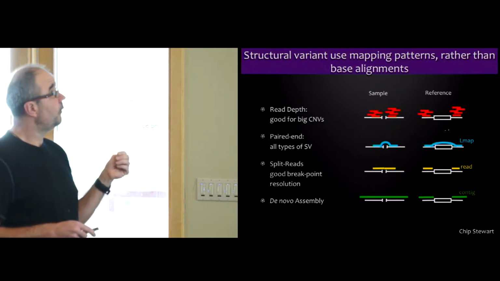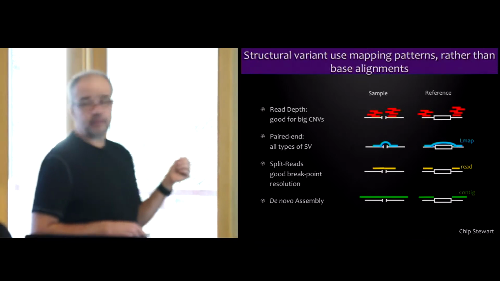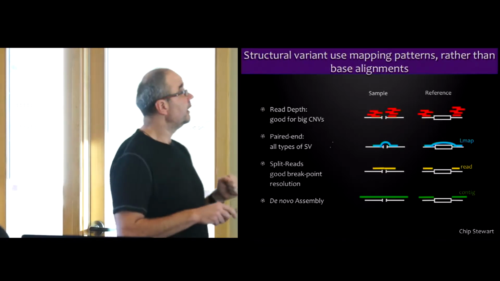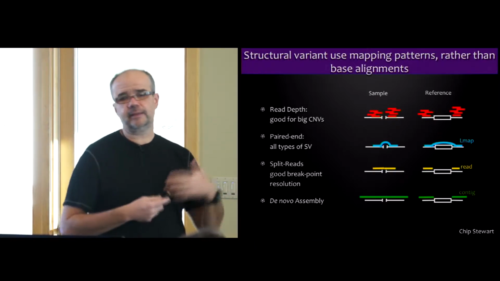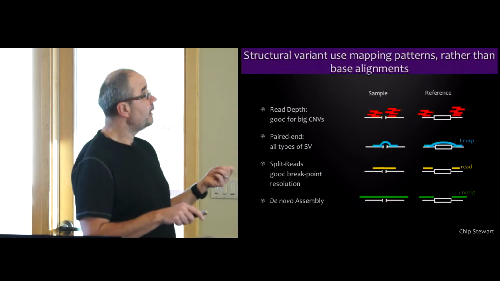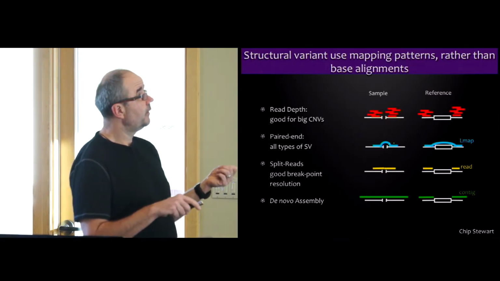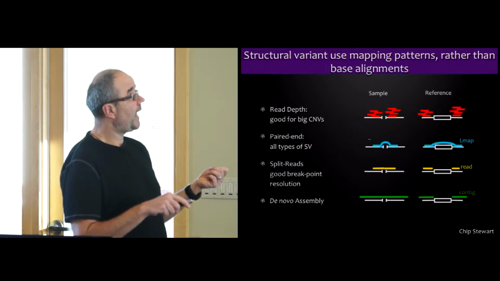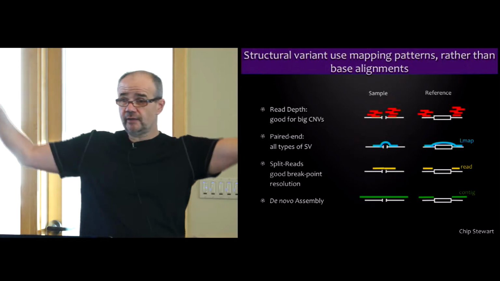Also, in the same situation, if you now have read pairs, we say the expected fragment length is maybe 500 bases, but then in this sample, this segment is missing. When you take these two end mates from that fragment, they'll map on two sides of that deletion.